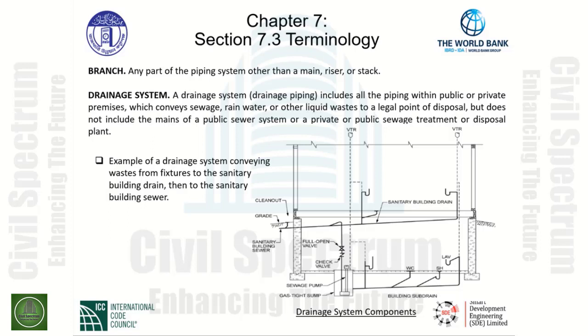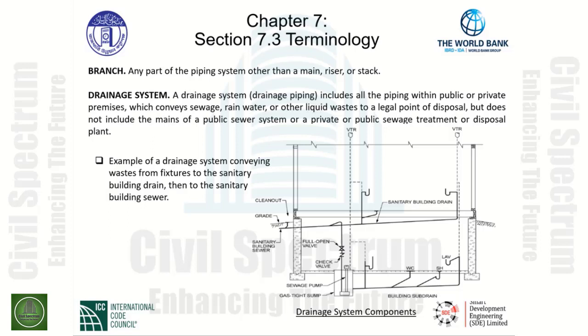This is the location that conveys the discharge from all of the fixtures connected above. The piping is sloped downward and conveyed to the outside of the building into the sanitary building sewer.